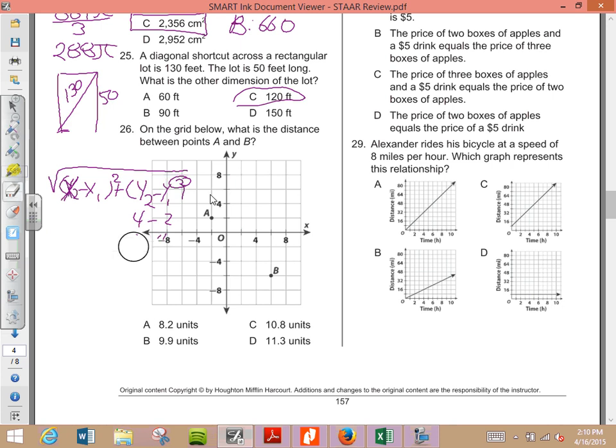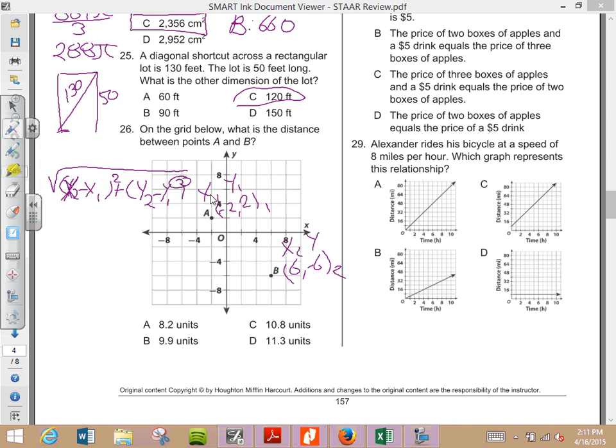So let's find the dot. What point is this? It doesn't matter. I'm going to make these my ones and my twos, so there's x1 and y1, x2 and y2.